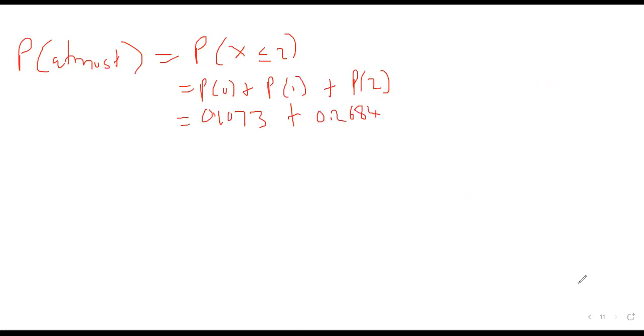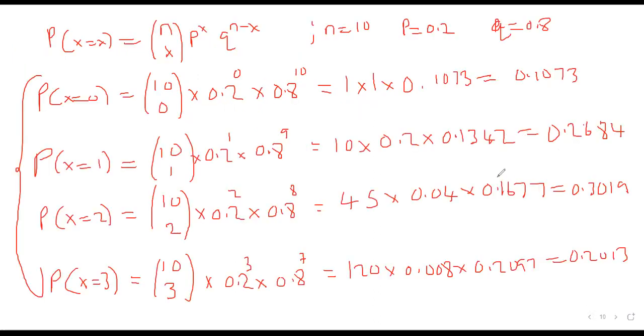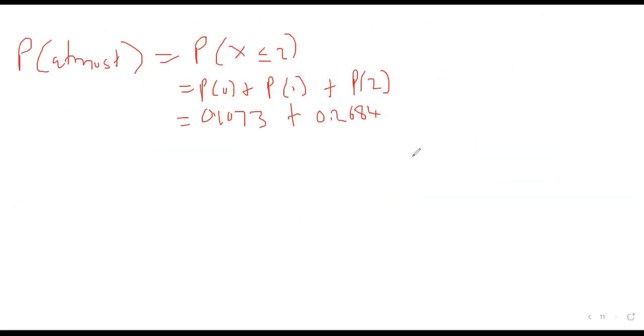What's the probability of 2? 0.3019. Then you add them up. 0.1073 plus 0.2684 plus 0.3019. You get 0.6776. So this is the probability of having at most 2.